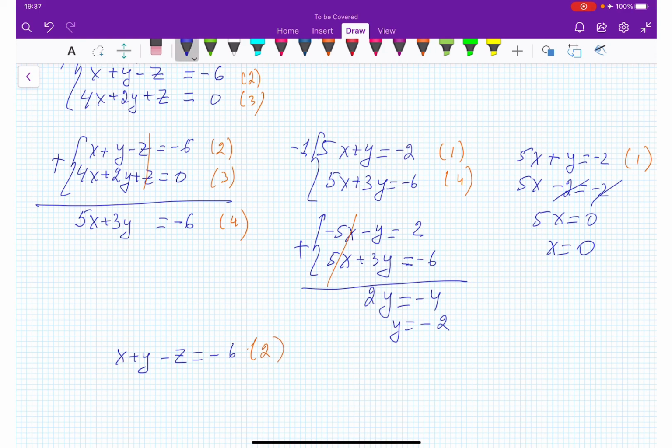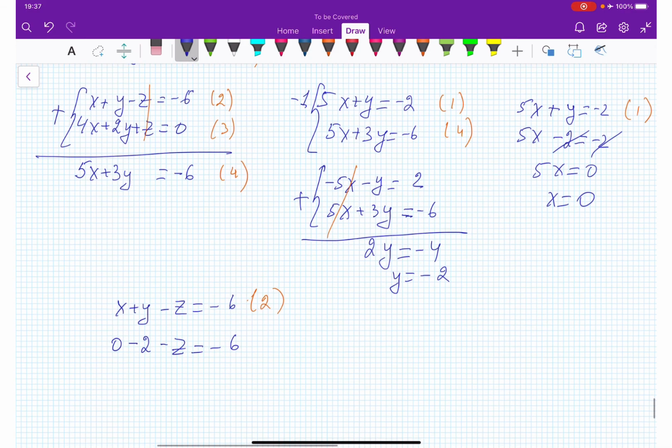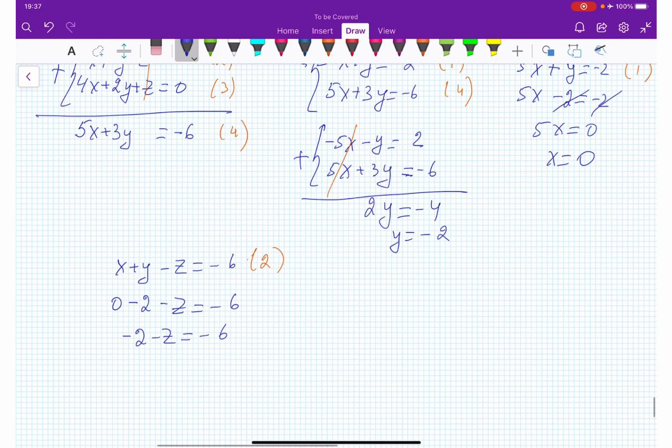Okay, x is 0, y is negative 2, and minus z is equal negative 6. Okay, what do we get? Negative 2 minus z is equal negative 6. So negative 2 moving this way will be positive 2. Negative z is equal negative 6 plus 2.